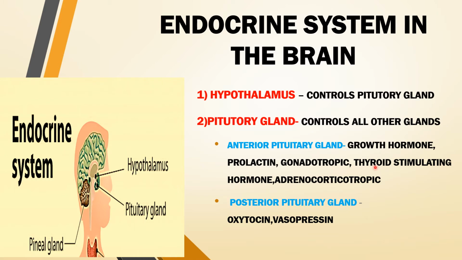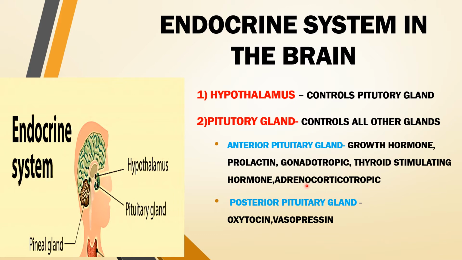Then thyroid stimulating hormone. It stimulates the thyroid gland to secrete its hormone. So the thyroid gland secretes hormone, and to stimulate that production, this thyroid stimulating hormone is needed.